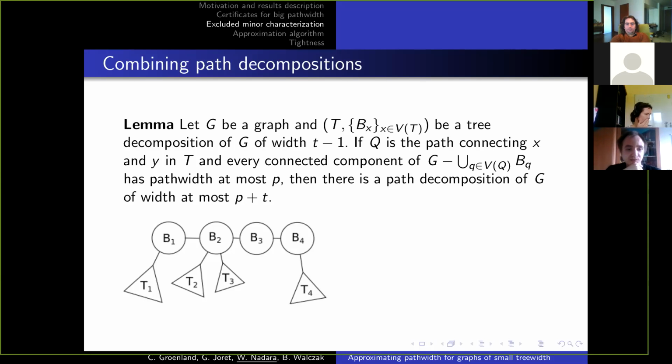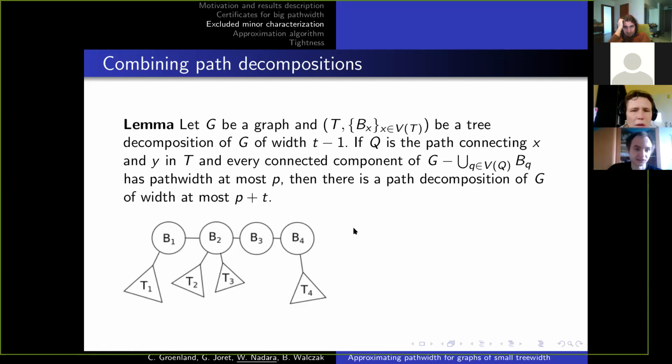It says that if we are given a tree decomposition and a path in it, which on this picture is depicted as B1, B2, B3, B4, and if we consider removing all vertices from these bags from our graph G and look at the pathwidth of what remained, if this pathwidth is at most P, then the pathwidth of the whole graph G is at most P plus t.